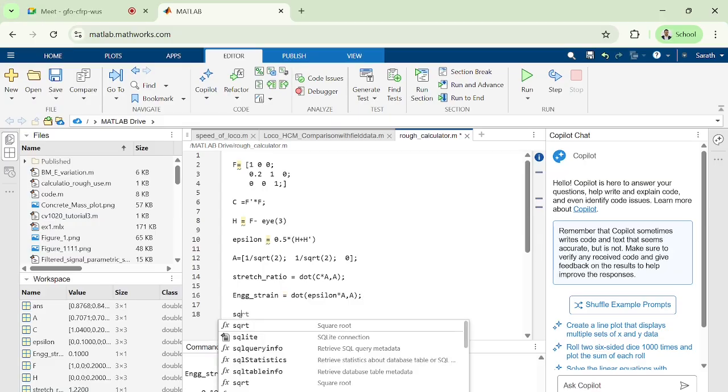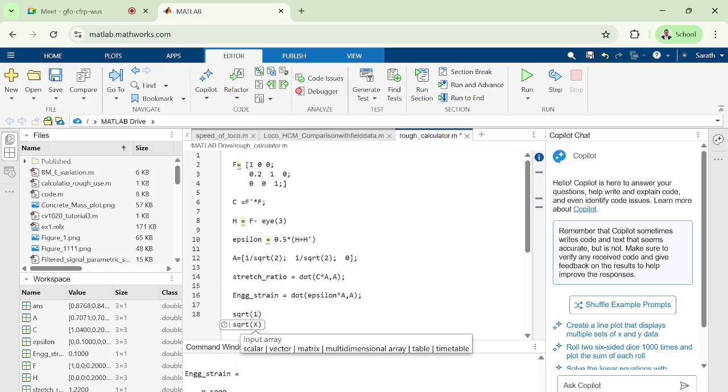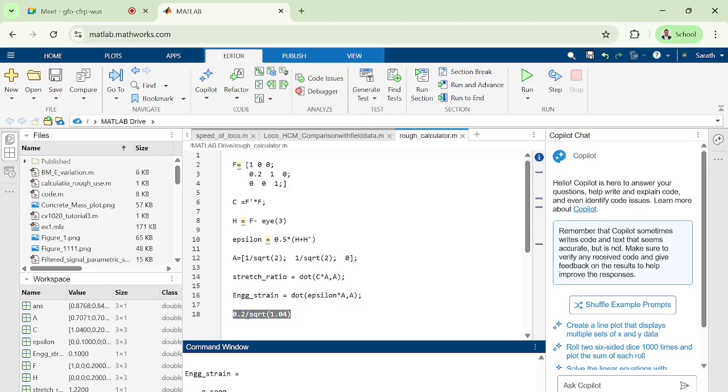Square root of 1.04, 0.2 divided by square root of 1.04. It is cos inverse of 0.1961.